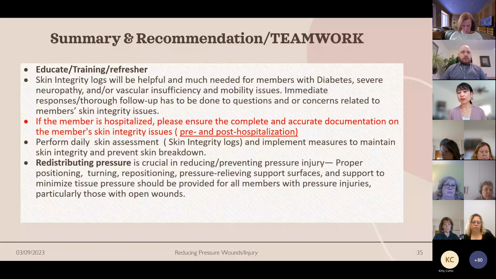pre and post hospitalization. This is super important, because we do not want to take all the responsibility when the pressure ulcer stage is so significant, and they think, gee, what has the team done, or what does the sharing provider do? Why does this member have such severe pressure wounds or injury? What happened? Well, pre-hospitalization, our members go to the hospital with their skin intact.